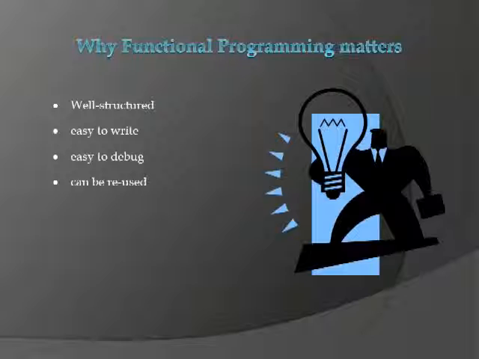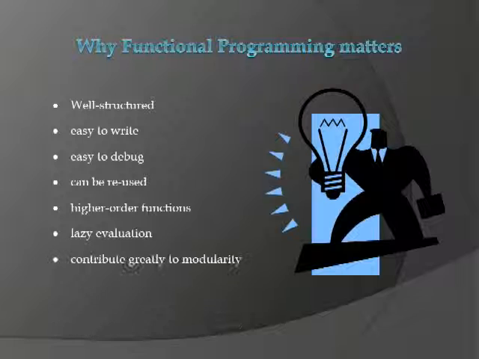In this video, we show that two features of functional languages in particular, higher order functions and lazy evaluation, can contribute greatly to modularity. As examples, we manipulate lists and trees, program several numerical algorithms, and implement the alpha beta heuristic.